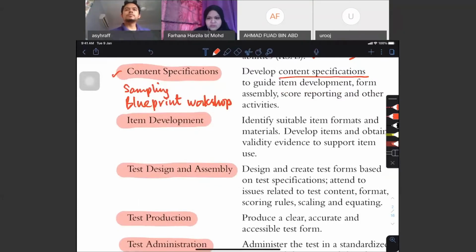Next is the item development component. Don't forget about this, very important. Again, usually things are already there. The vetting, and an important issue is the item writing.